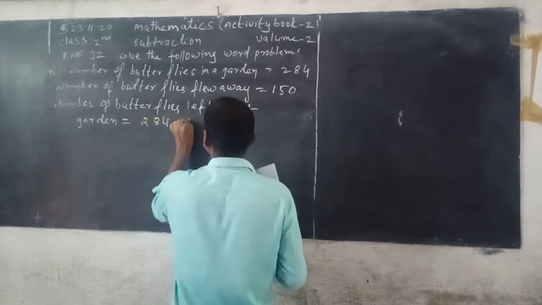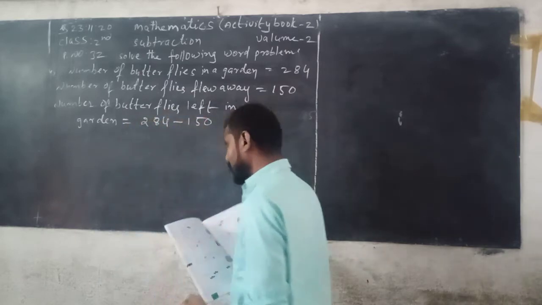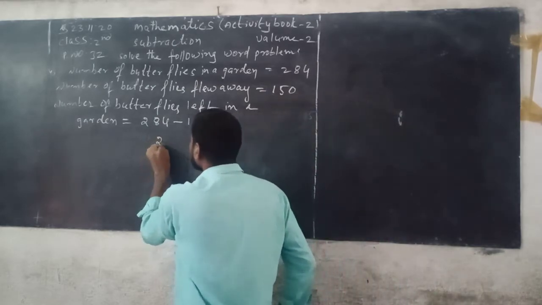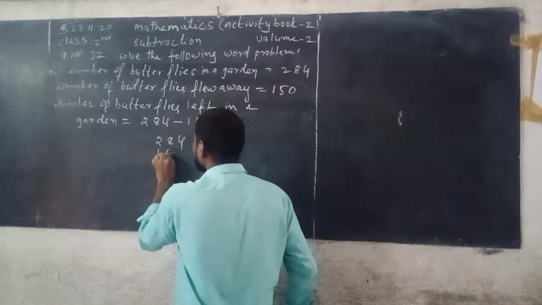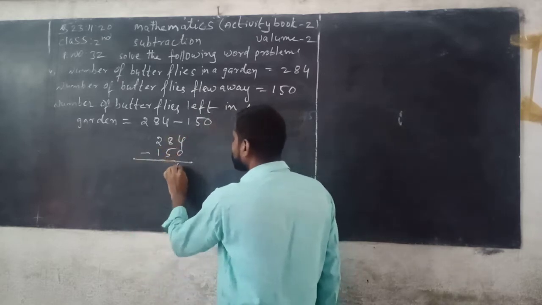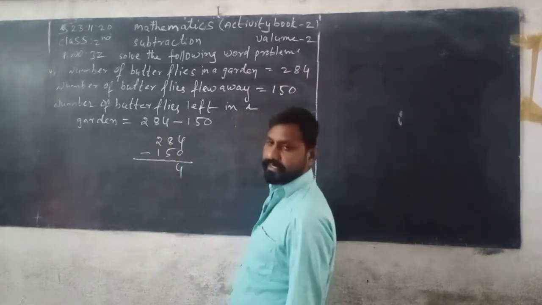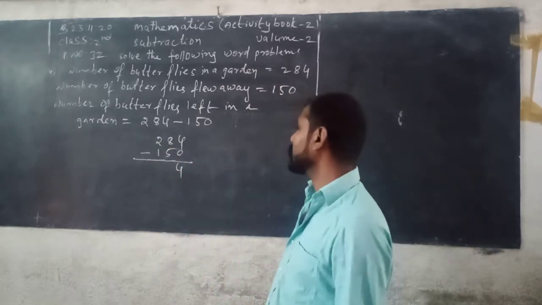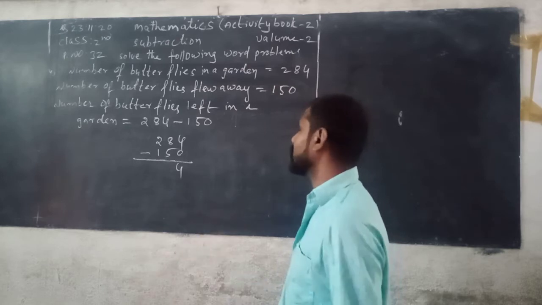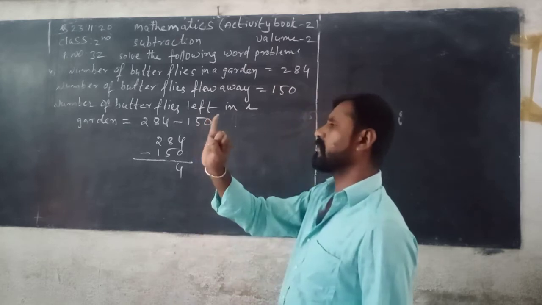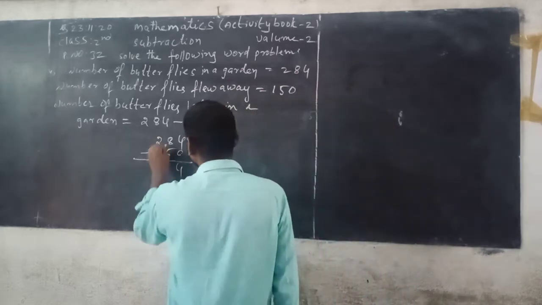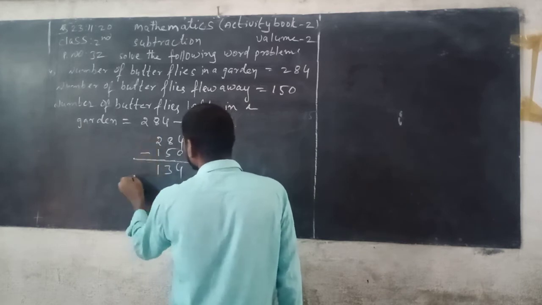284 minus 150. Write the given numbers in column wise according to their places. 284 minus 150. See here, 4 minus 0, 4. 8 minus 5: you can count from 5 to reach 8, after 5, 6, 7, 8, so 3. 2 minus 1, 1.